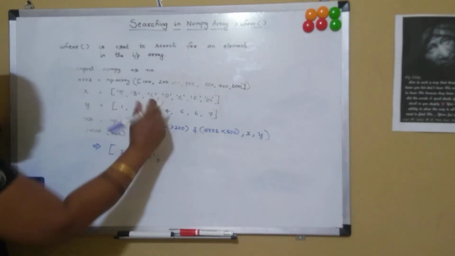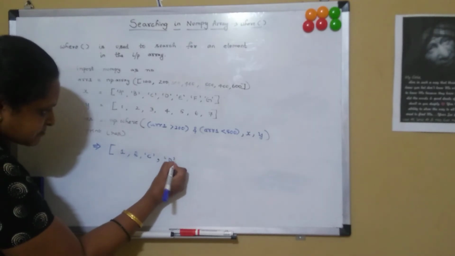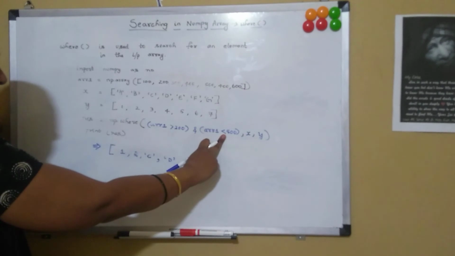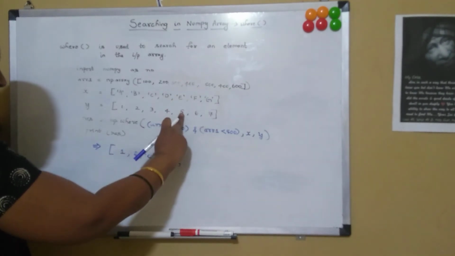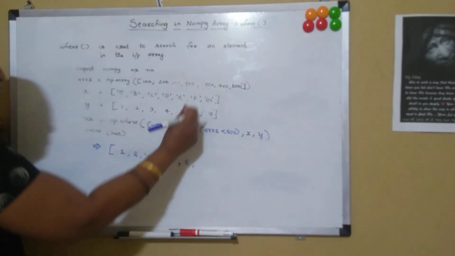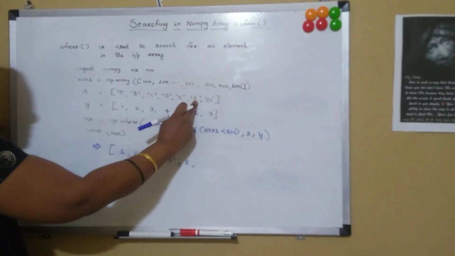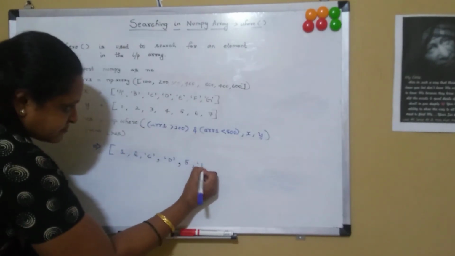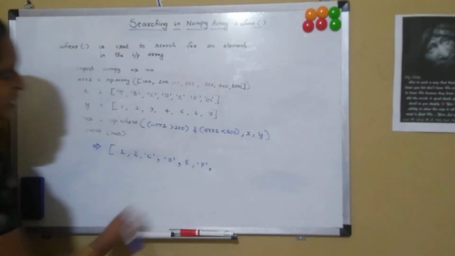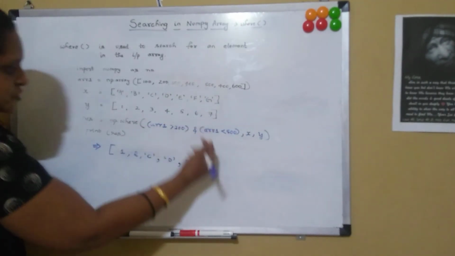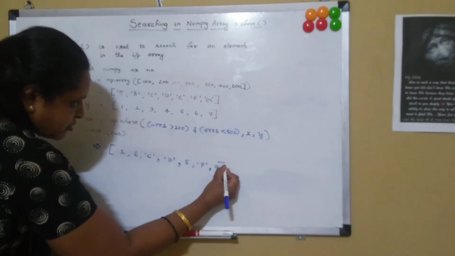So it will take from the true list, that is x. 500 is not less than 500. So it will print 5 from the false list. For 400 again, the condition is satisfied. So it will take F from the true list. And for 600, the condition is not satisfied. So it will take 7 from the false list.